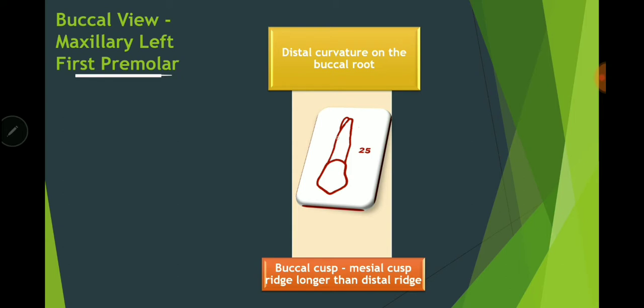You can see here a distal curvature. And the mesial cusp ridge of the buccal cusp is longer than the distal cusp ridge, as we mentioned before.